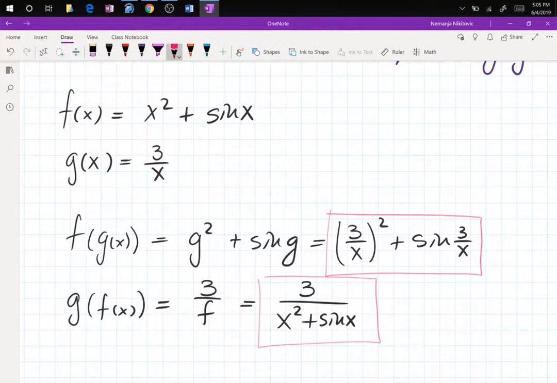So this would be a standard problem where you understand that every x of the outer function will be replaced by whatever the inner function is, creating a completely new function whose domain could be different than what you had before.